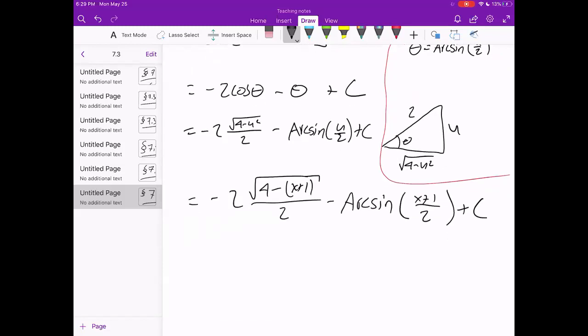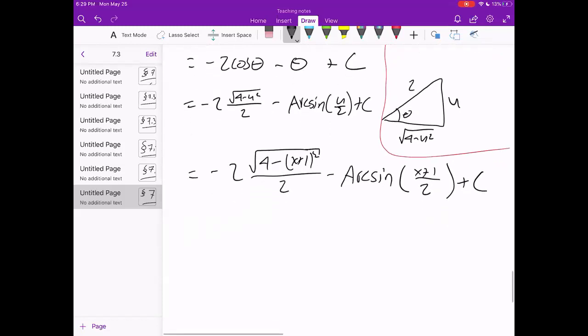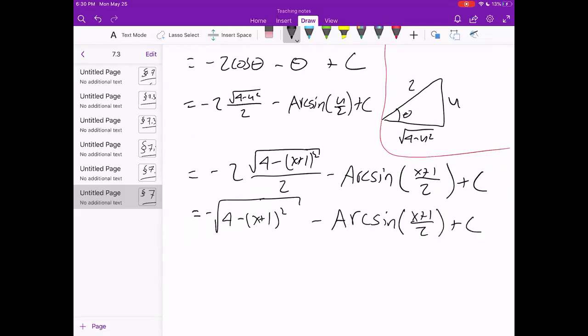Sorry, that's supposed to be u squared, so it's 4 minus x plus 1 squared. You can expand that quadratic if you want. I'm going to leave it. And this could be your answer.